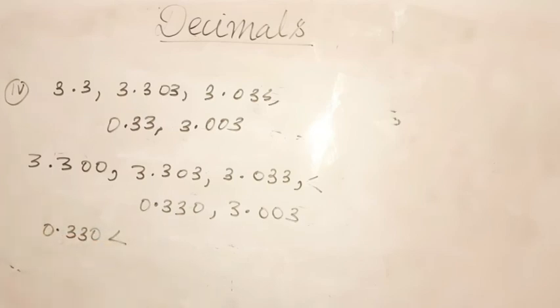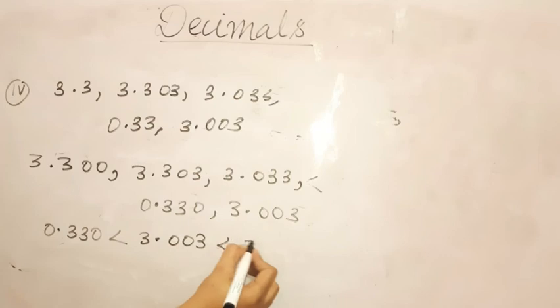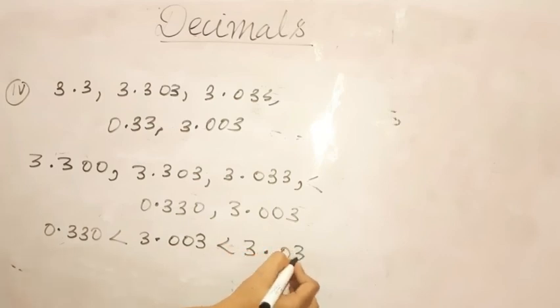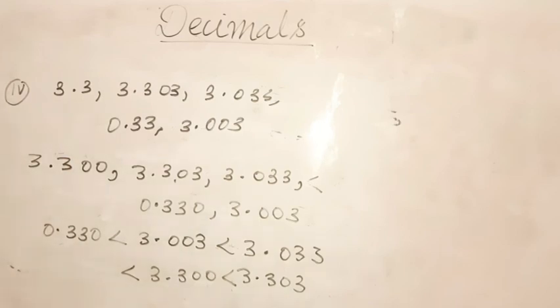After 0.330, which number is going to come in the list? 3.003, then 3.033, then 3.300 and then 3.303. I hope you have understood how I have done this question students.